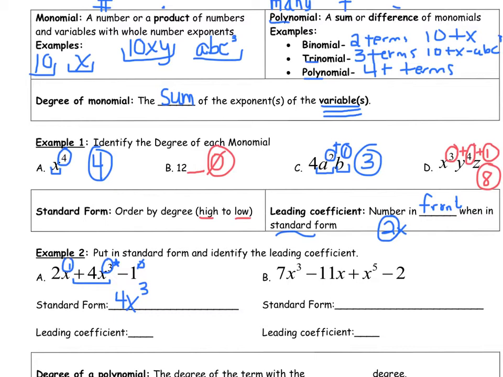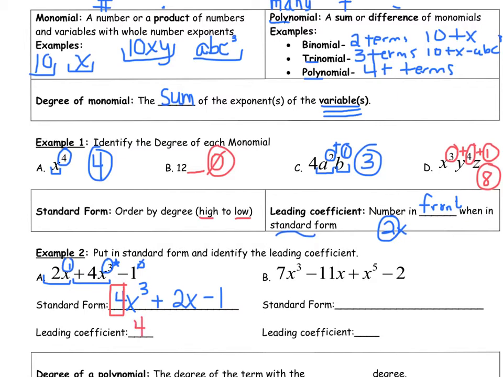And then the 2x to the first comes next. It's positive, so plus 2x, and then finally the minus 1. Your plain numbers, since they don't have a letter by them, the degree will always be 0, and so those will always be listed last. Next, we'll write down the leading coefficient, which is just the number out in front, once it's in standard form.